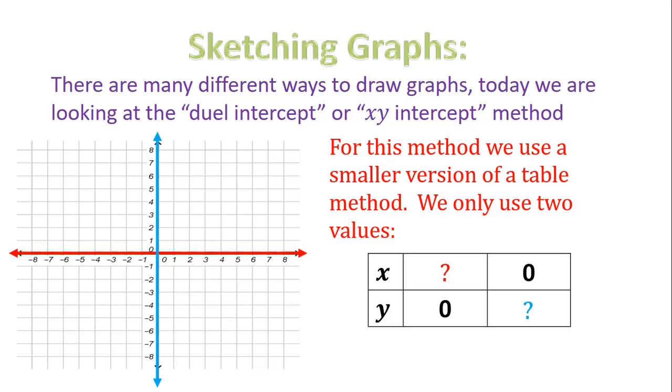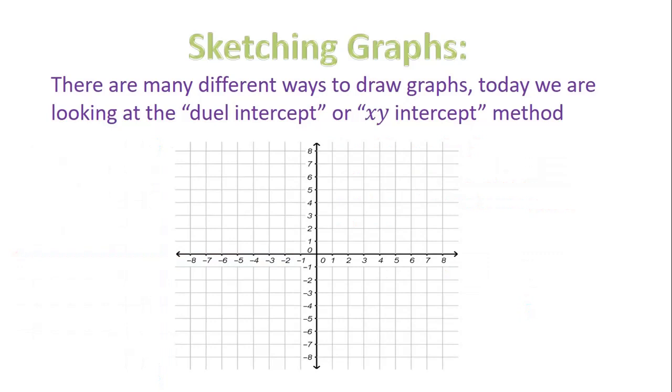If I can work out the 2 points where they cross the axes, I draw my line and I've got my graph. I plot my 2 points, I draw a line.